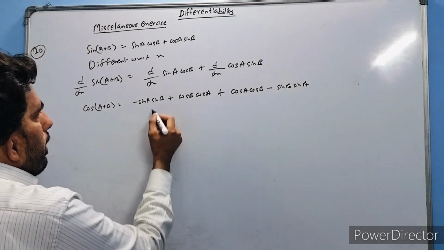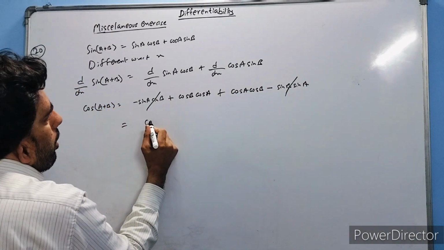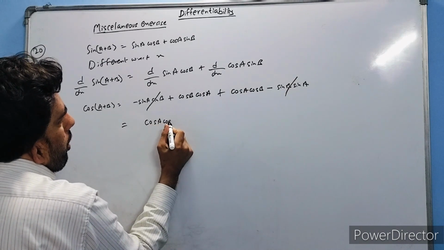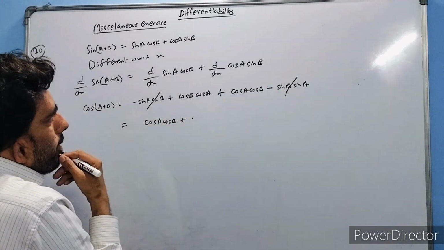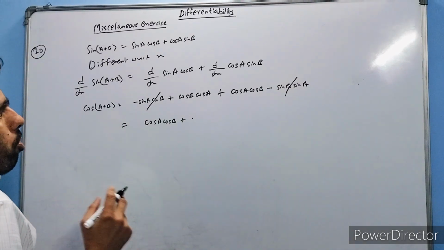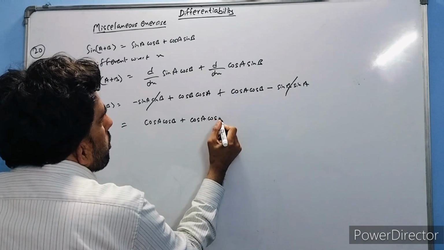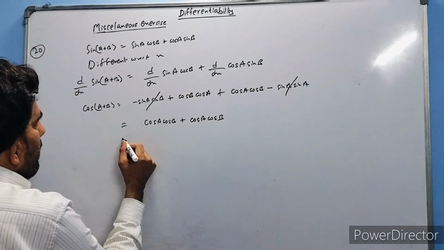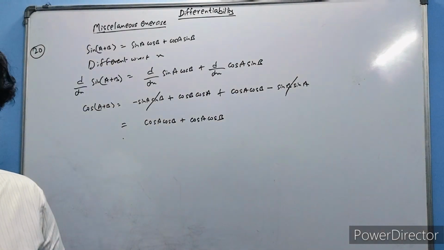So finally we find the formula for cos(A+B): cos A cos B minus sin A sin B.